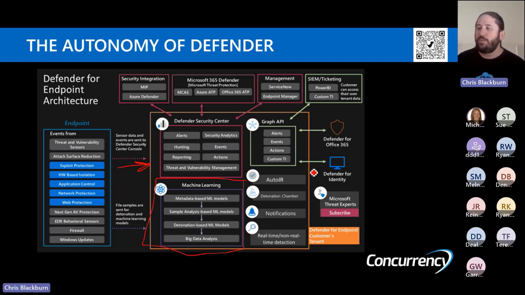It's determining if it needs to use auto IR and do detonations to determine if something is a malicious executable. It's leveraging things like the graph to store and send data to potentially even Endpoint Manager, or send it over to a third-party SIEM, or to Sentinel or some other ticketing system for alert capabilities. In some cases, that data may not even be security in nature.